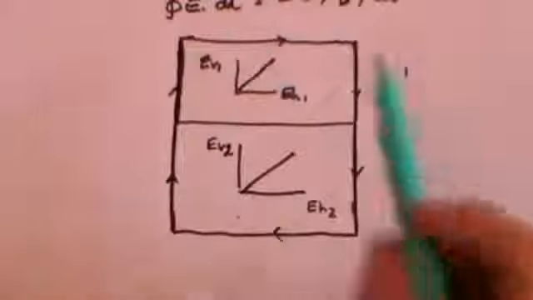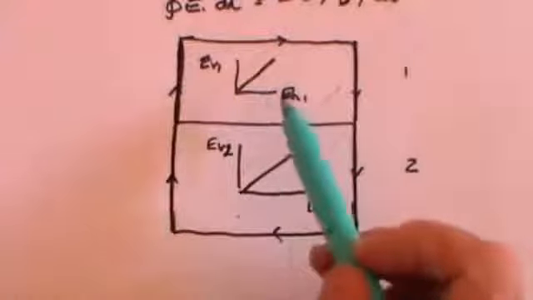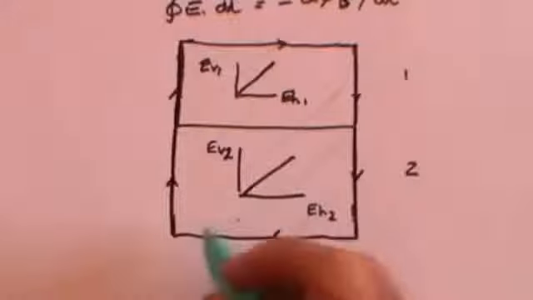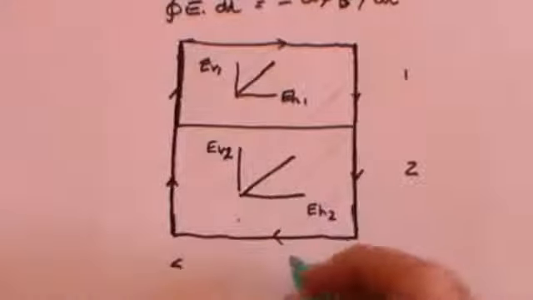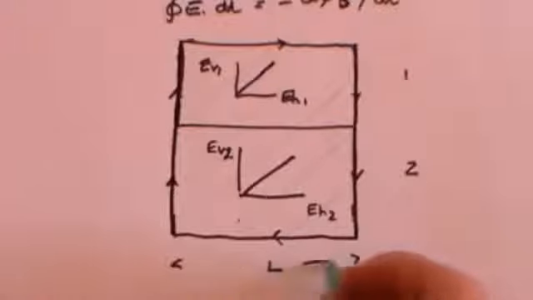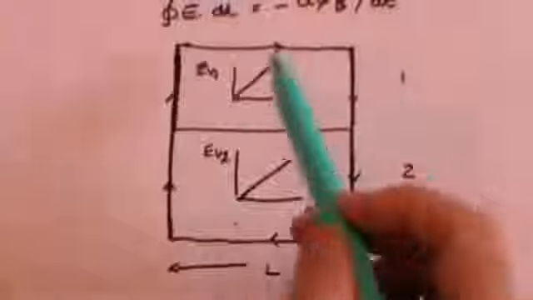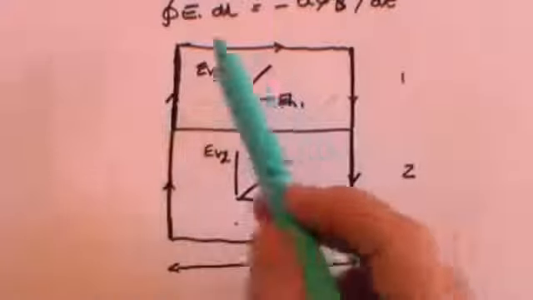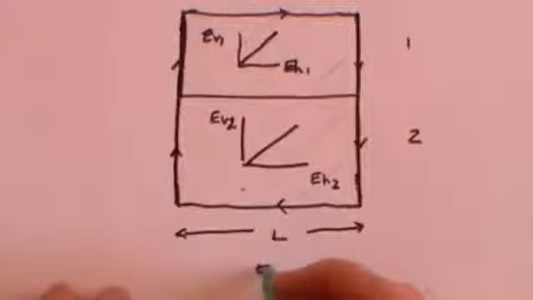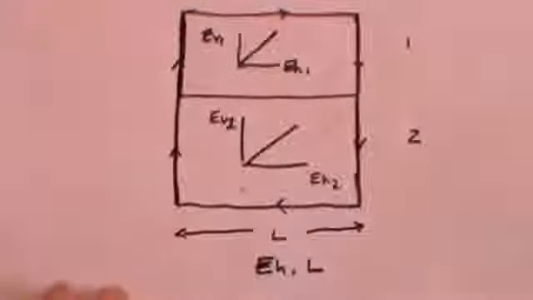So what's that going to be? Well, here to here we've got EH1 times, so let's say that this distance is, we'll call this L again. So now we can say that here we've got EH1 times L as we go in that direction.